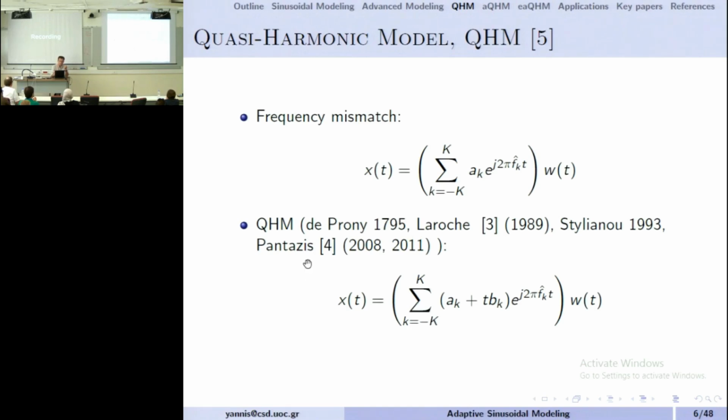Then my student, Pantazis, worked on that model, not on this model but on the model which is here. So what is the difference between this and this? Obviously, the only difference is here. Can you see that? Yes, you can see it. This is HM2. We have HM1, HM2, HM3. This is really HM2, but we rename it the quasi-harmonic model, and now I will tell you why.